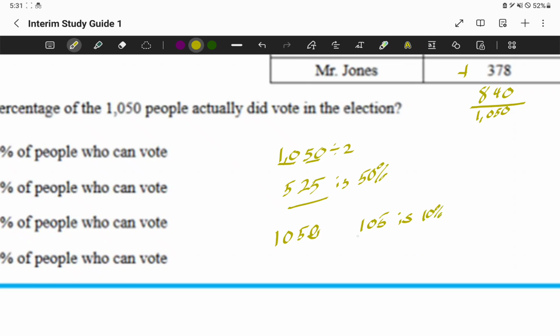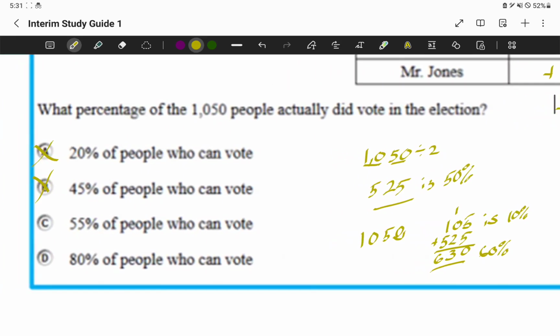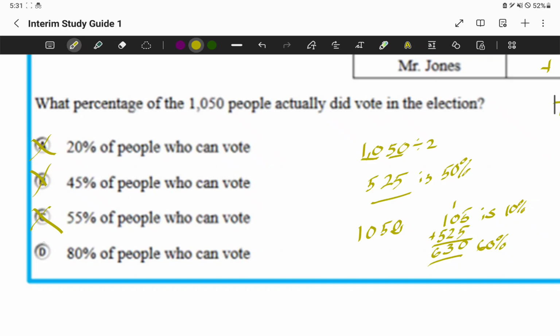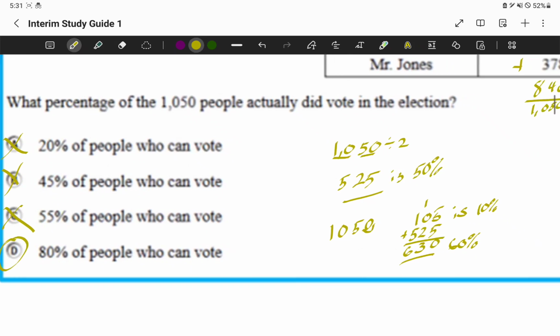Well, 105 plus 525 is 630. And so 630 is 60%. Well, 840 is more than 630. And 630 is 60%. So it can't be 55%. And so that means it has to be D, 80%.